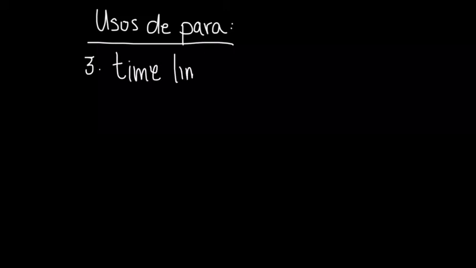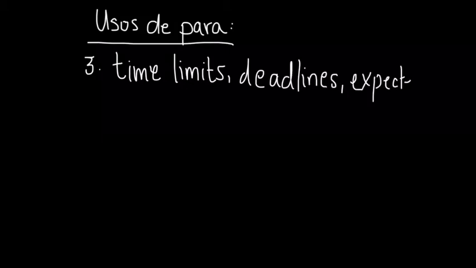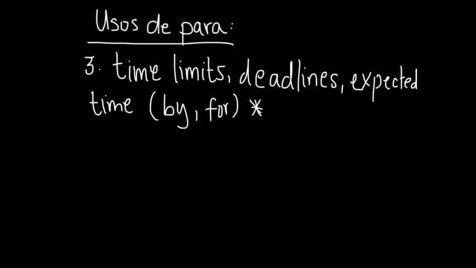So the third use of para is when we want to express time limits, deadlines, or expected time, and is usually the equivalent of by and for in English.